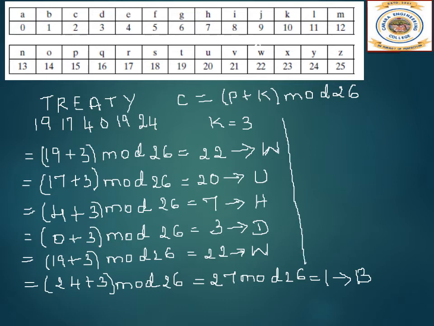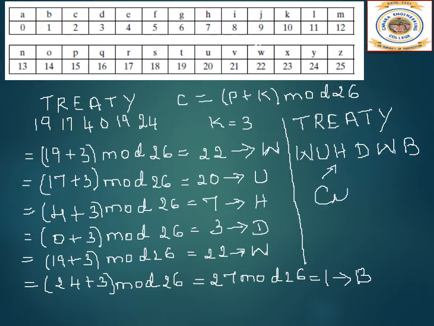So what is the cipher for treaty? T R E A T Y. T equivalent is W, R is U, E is H, A is D, T is W, and Y is B. So this is the cipher text.